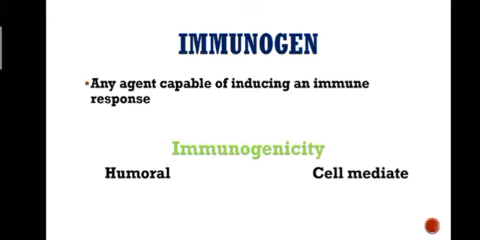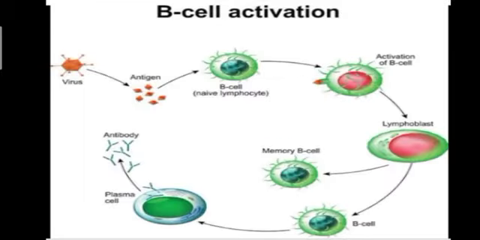We know when B cells and T cells get activated by an antigen, it results in effector cells and memory cells. For example, if a B cell gets activated, it will differentiate into a plasma cell which secretes antibody.